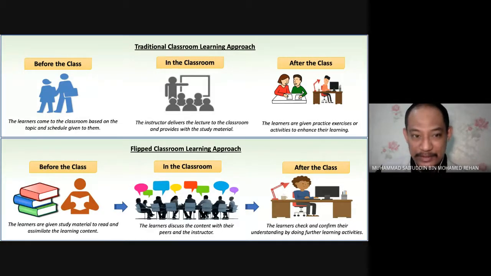We will discuss a bit on what to do in the class activities, but one thing for sure is before class you have to cover the material.